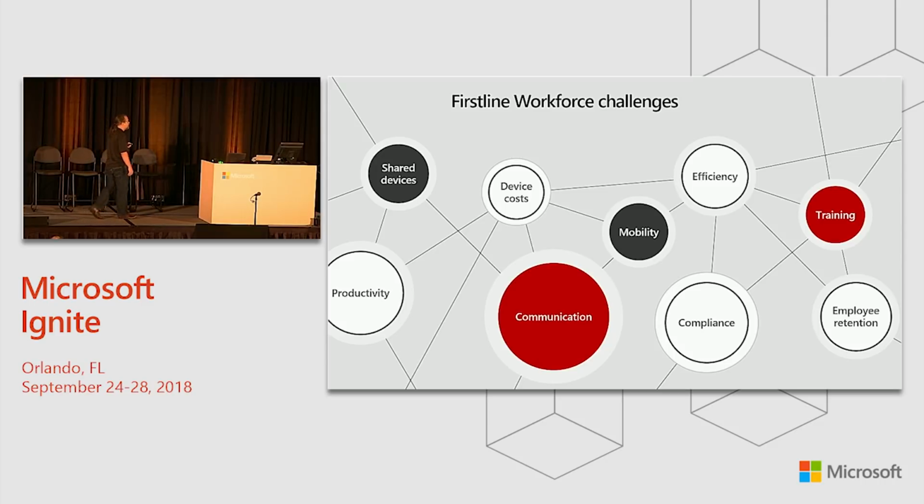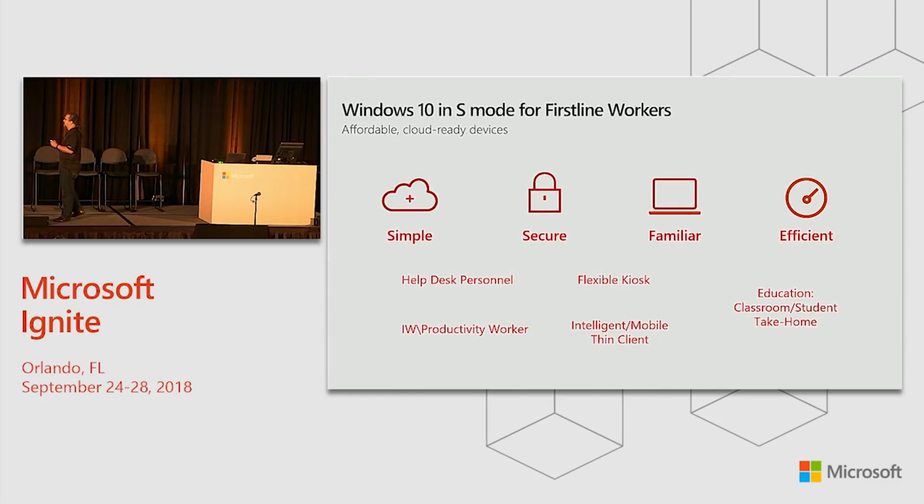All of these industries have first-line workforce challenges. Shared devices, productivity, device costs, communication, efficiency, security. All of these reflect these industries. So for first-line workers with S mode, we keep the use case simple, secure, familiar, and efficient.